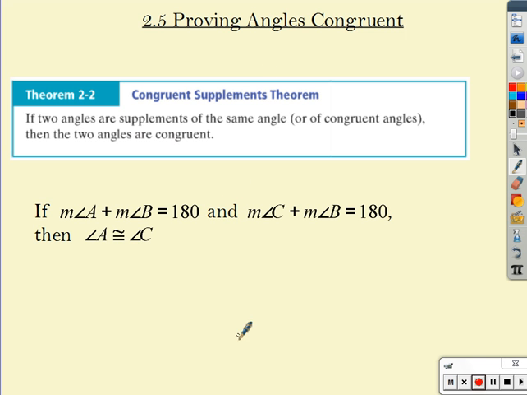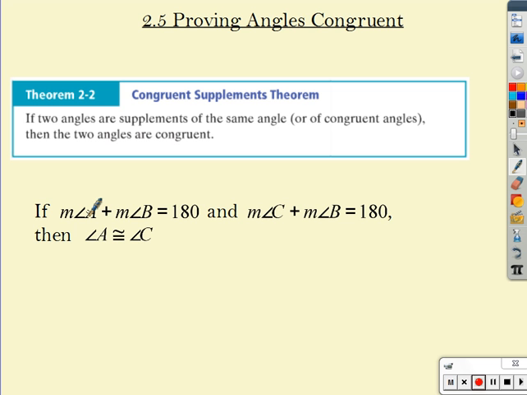And I know that made probably absolutely no sense to you whatsoever. It didn't really to me the first time that I ever heard it, so I have this example down here. If two angles are supplements of the same angle, so A and C are both supplementary to B.